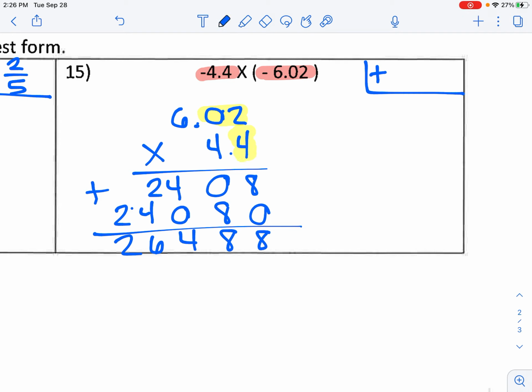You've got 3. So we're going to slide that over 1, 2, 3. So you've got to have 3 digits behind the decimal in your answer. So I'm going to have to make this a little bigger. Answer: 26 488 thousandths.